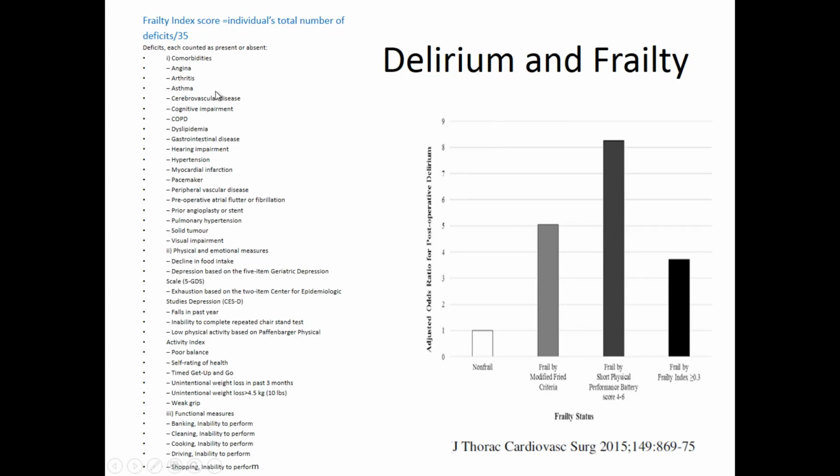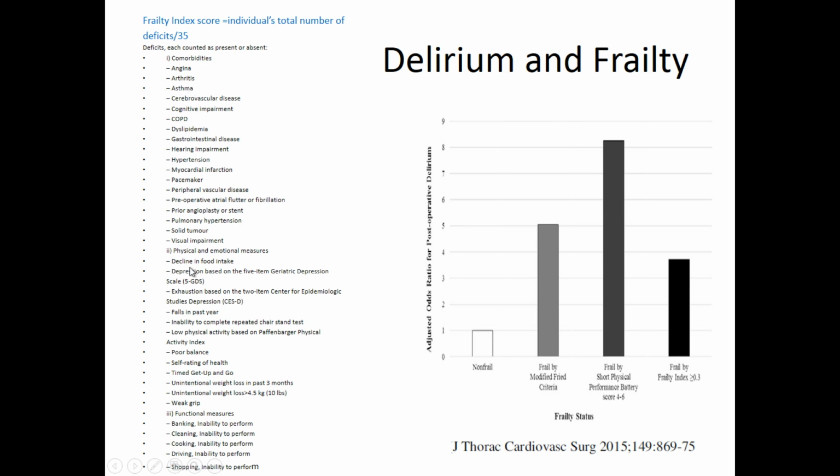On the left side of this slide, I've simply included the 35 elements of the frailty index score, which is just one of these. That's the one that's shown here on the far right. It's a 35-element risk factor score. Some of these elements are really quite pedestrian, things like inability to bank, inability to clean or cook, and then some of them are more medically oriented, diagnosis related.